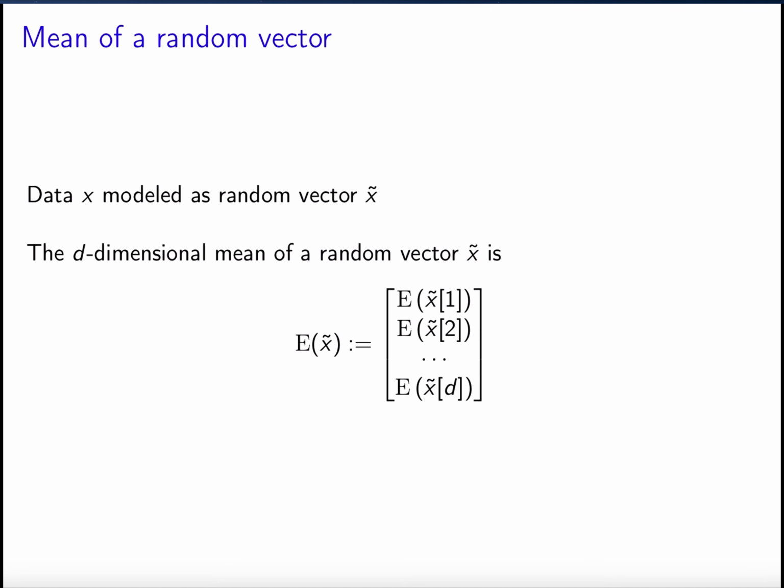So we already learned what the mean of a scalar random variable is. Now we're going to extend that concept to data that are modeled as a random vector in d dimensions. We define the d-dimensional mean of a random vector as the vector that contains the means of each of its entries.